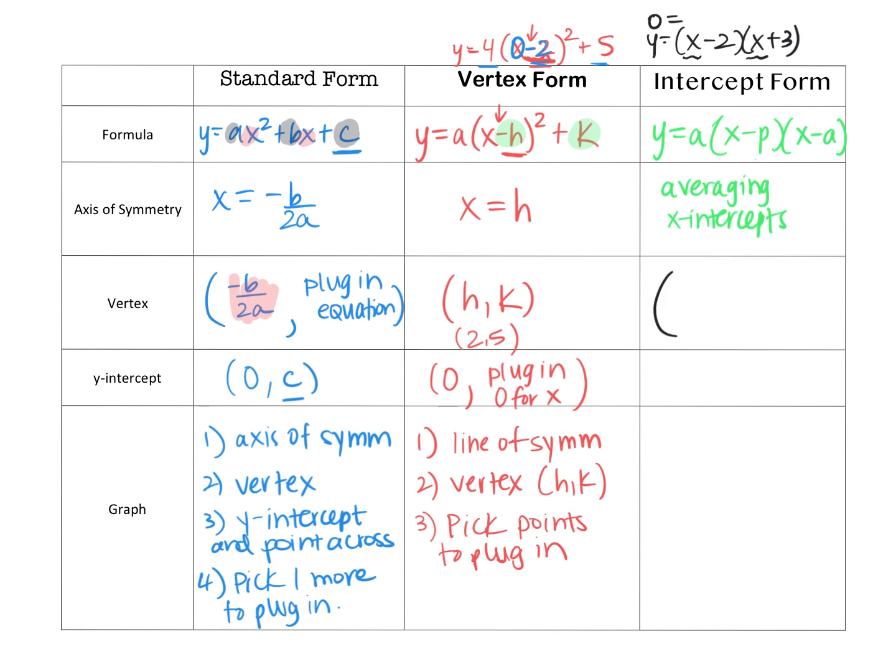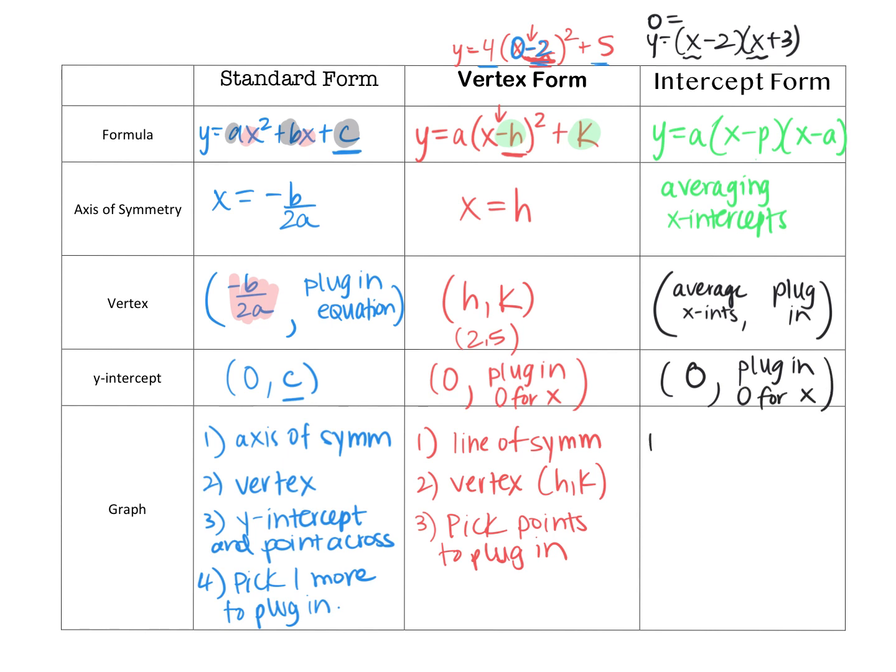Okay, for your vertex then, it's whatever you got for that average of the x-intercepts, and then you'd have to plug in to find the y-coordinate. So then plug in the original equation. The y-intercept, it's 0, and then you'd have to plug in 0 for x and see what you get.